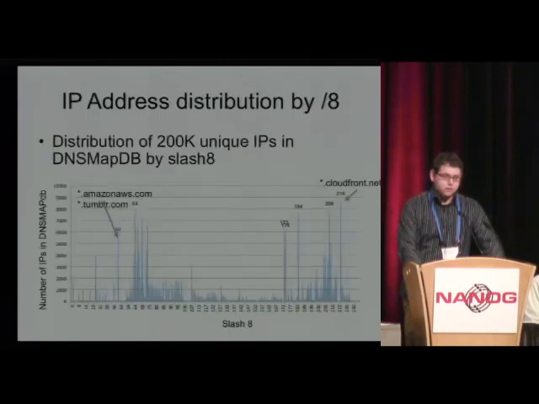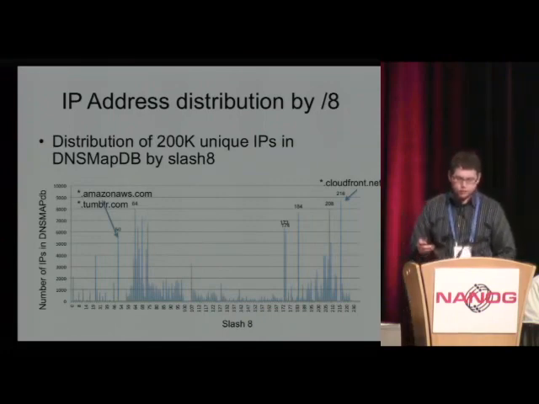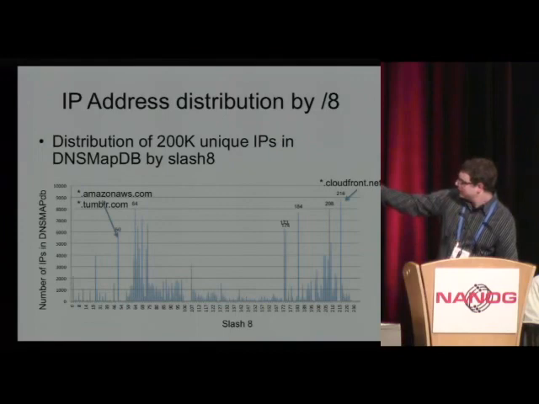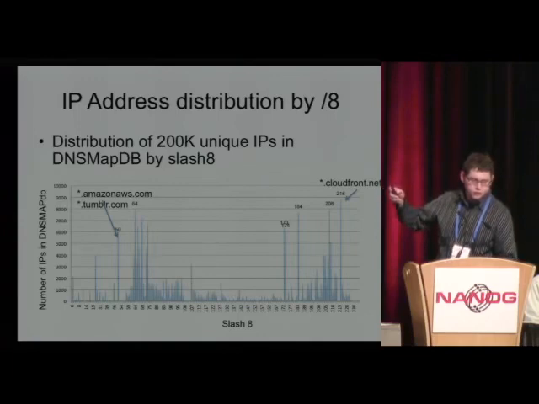And so now we looked at the distribution of unique IPs across the set of name IP mappings. We pointed out a couple of large dynamic services. You can see CloudFront right here has about 80,000 IPs. No, it's 8,000, isn't it? I'm sorry.